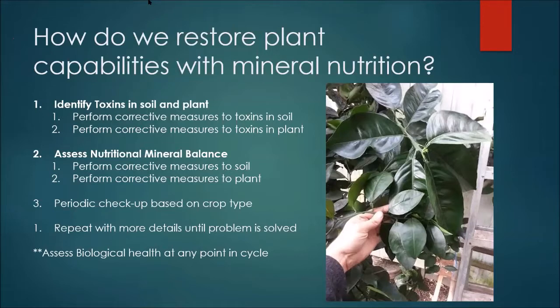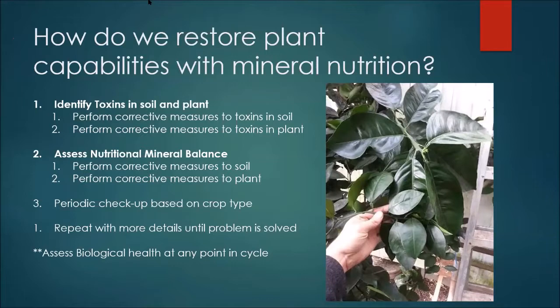Now, in terms of crop yield, the genetic potential, I think we don't really have any understanding of, and it would be really good to track a lot of these over the long term because there's significant variation between varieties and cultivars and so on. But back to the topic here, by identifying the toxins in the soil and the plant and performing corrective measures to those, one can begin to restore this functional capacity.